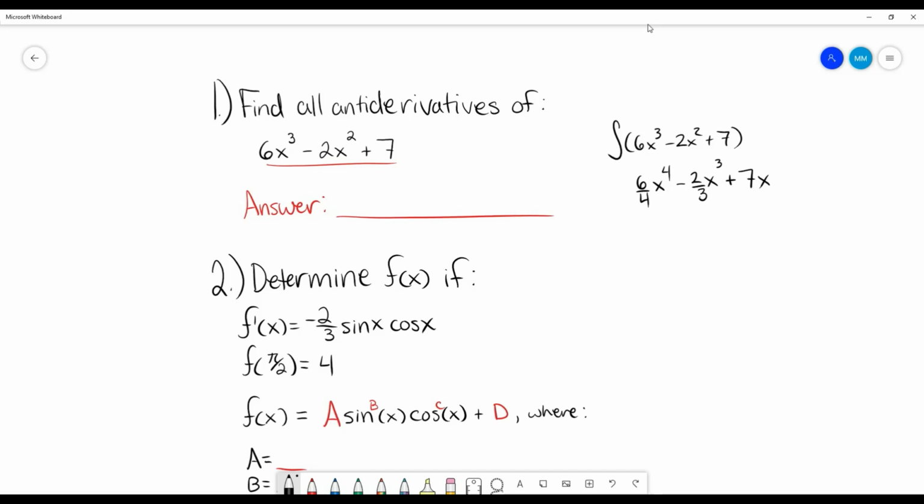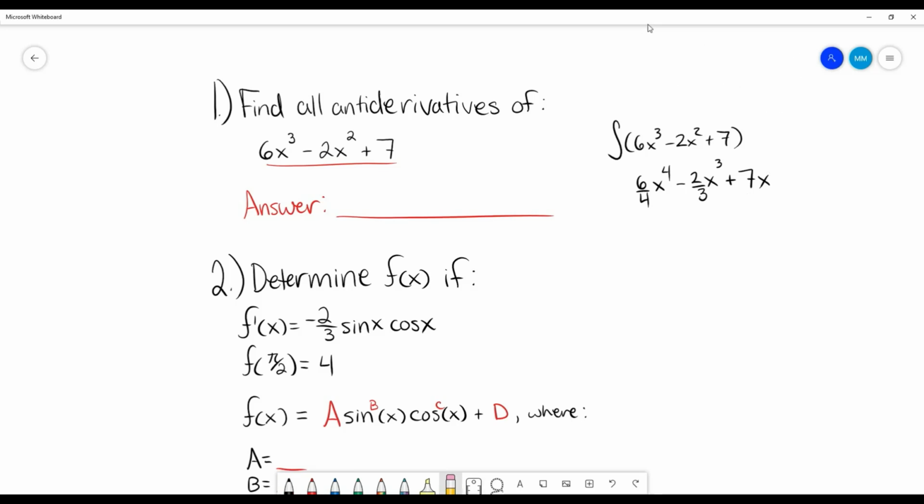And another way to think about that, right, is this is now an x to the power of 1. If I have a 7 times x to the power of 1, and I take the derivative of that, that's just 1 times 7 times now x to the power of 0. And anything to the power of 0 is just 1, so it just turns into 7. So it looks like this is right as well.